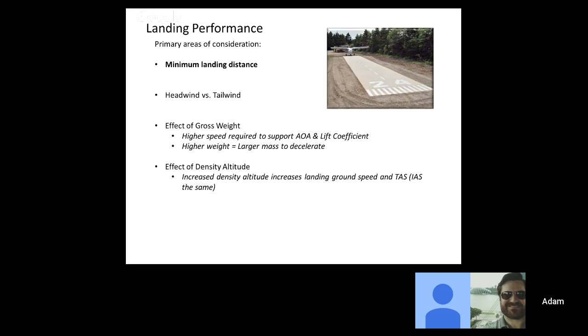Now, my indicated airspeed was the same for the same exact reasons we talked about in the previous slides on takeoff. Indicated airspeed is always going to be the same regardless of density altitude, but your true airspeed is going to have to increase to compensate for that reduced air density.